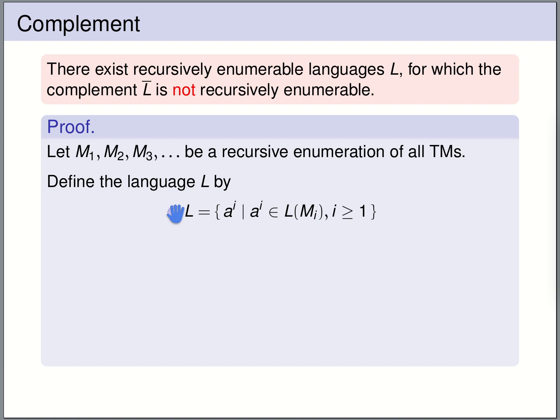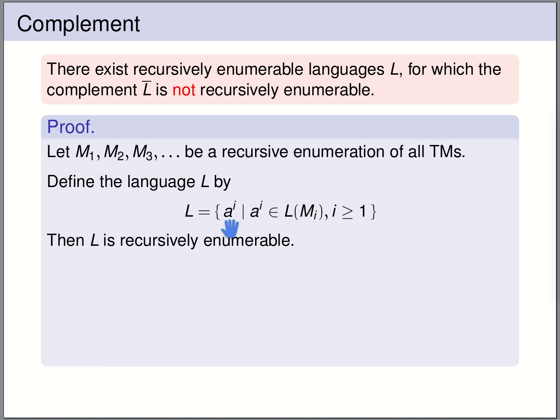Now this language L is again recursively enumerable. So we can make a deterministic Turing machine that accepts the language L. How do we make this? We make a Turing machine that takes a word over the alphabet that contains just the letter a as an input. So it takes a word of the form a to the power i as an input.